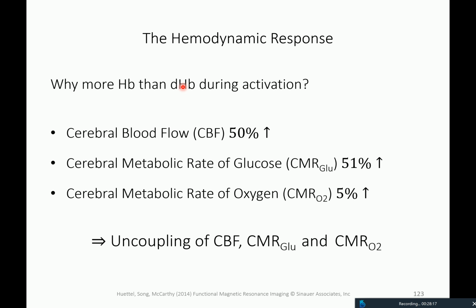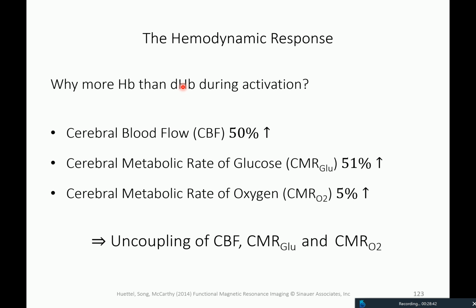Hence, more oxygenated hemoglobin has the possibility to go there. The cerebral metabolic rate of glucose increases, so glucose is eaten up more, but the cerebral metabolic rate of oxygen is not increasing as much as the cerebral blood flow increases and as the glucose metabolic rate increases.